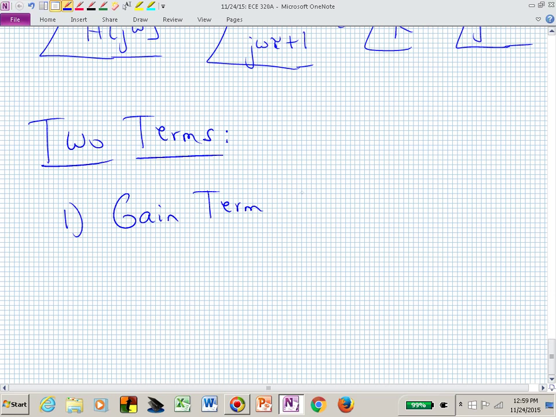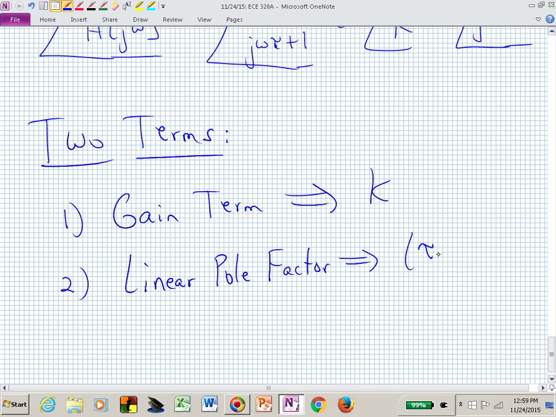We have a gain term, which is just the gain k, and we have a linear pole factor term. That's this tau s plus 1, and the linear is because I just have s to the first power.